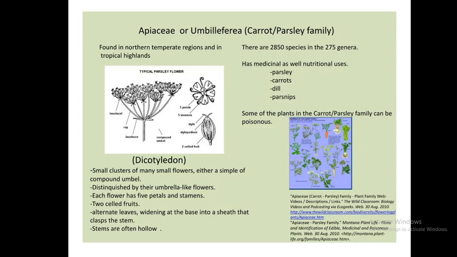In this Umbelliferae family, the inflorescence is mostly a simple umbel, for example Hydrocotyle, or a compound umbel in Coriandrum. In both cases, there is an involucre of bracts. In Coriandrum, the smaller branch umbels are protected by involucres.